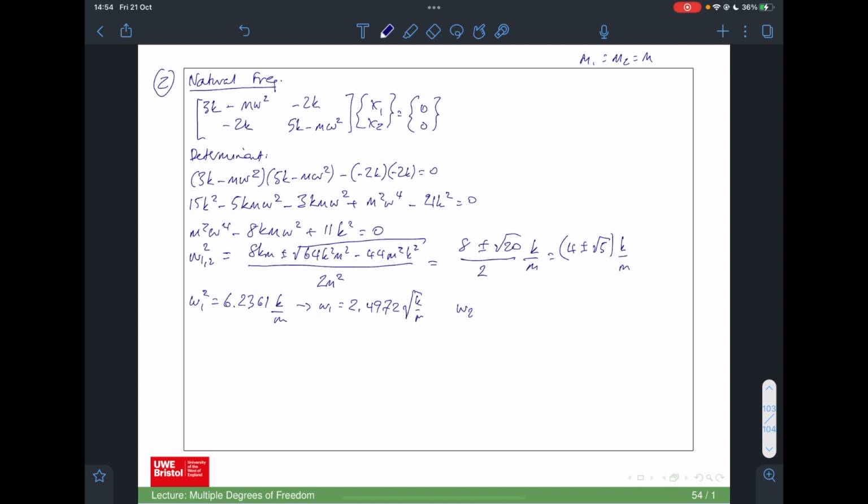And omega 2 squared comes out to 1.7639 k upon m, so omega 2 is 1.3281 root k upon m. Okay, so that's the two.